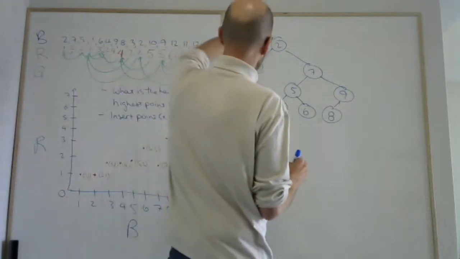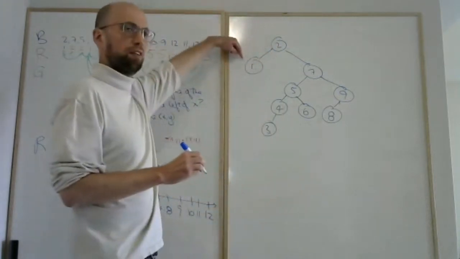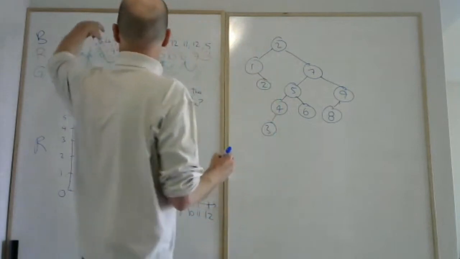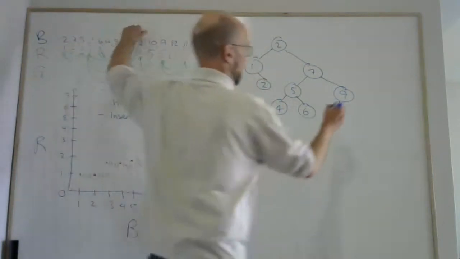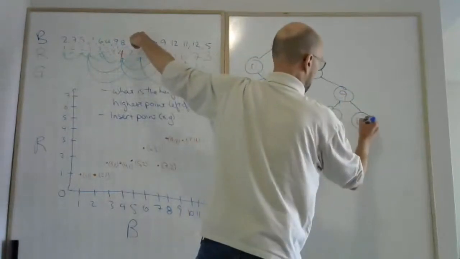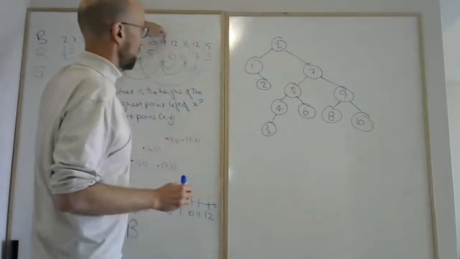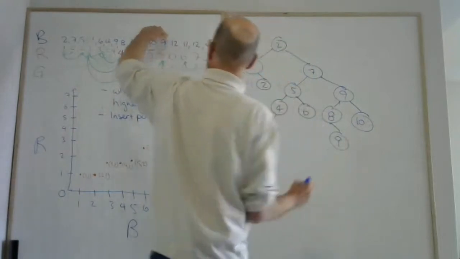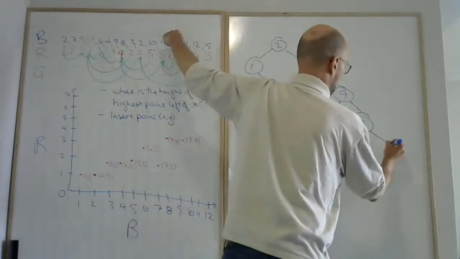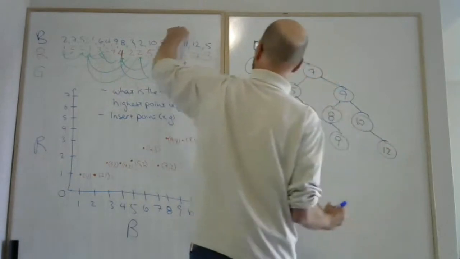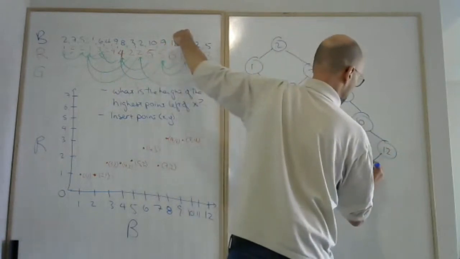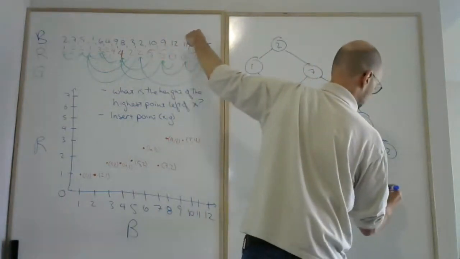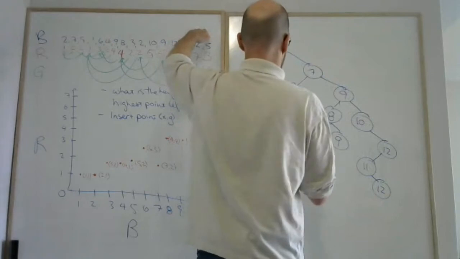And 2. Is this going to be less than or equal? Yeah, less than or equal, say. So this is going to be 2, 10, 9, 12, 11, 12, 5.